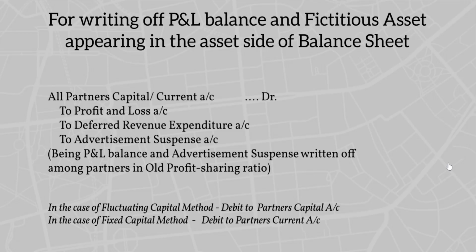The total of these will be debited to all the partners' capital or current accounts in their old profit sharing ratio. Narration being the P&L balance and the advertisement suspense written off amongst all the partners in old profit sharing ratio.